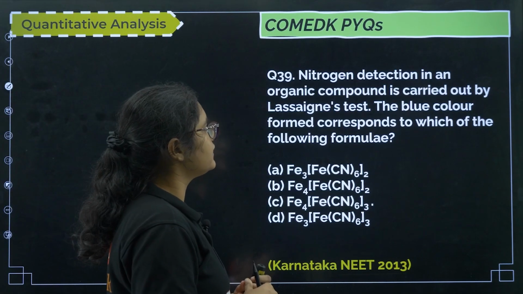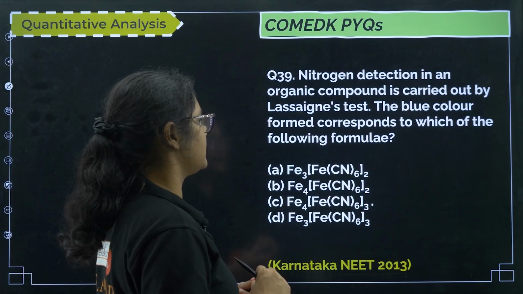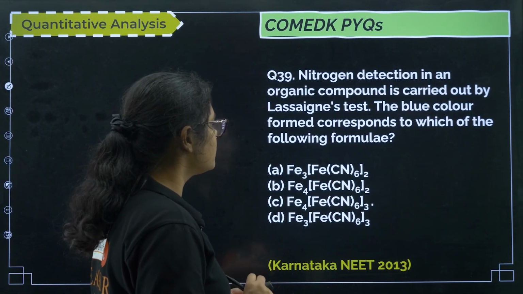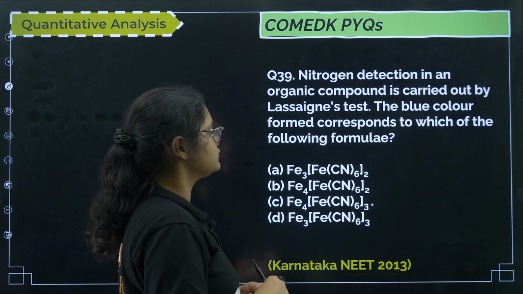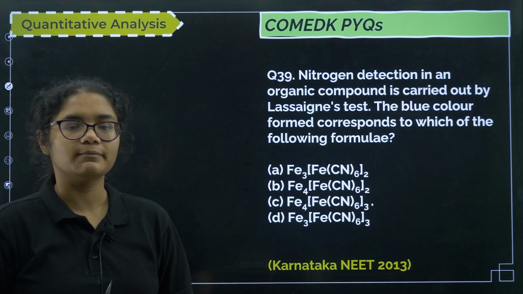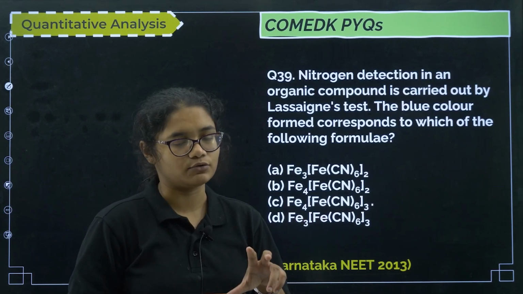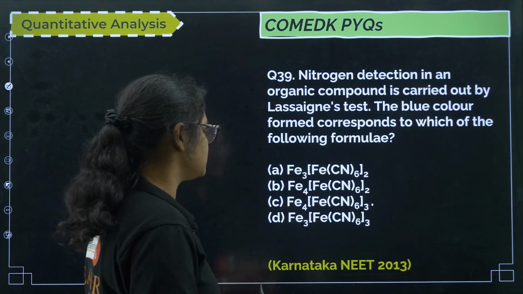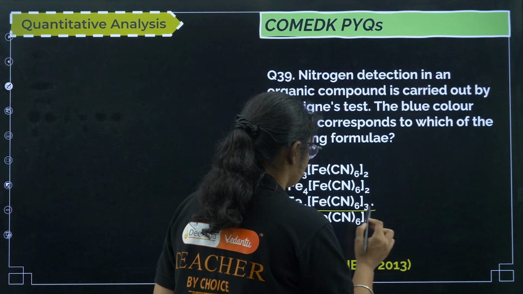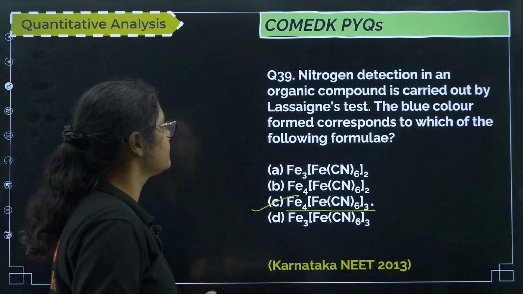Next, nitrogen detection in an organic compound is carried out by Lassaigne test. The blue color formed corresponds to which of the following? So if you remember, the Prussian blue is formed while you treat the nitrogen with Fe2 plus and then Fe3 plus. So that is because of this complex Fe4[Fe(CN)6]3. Okay.